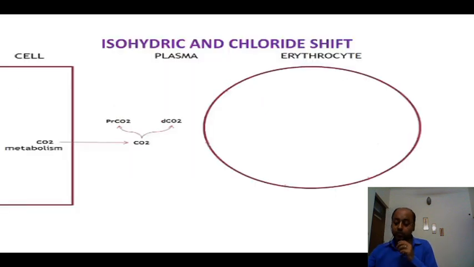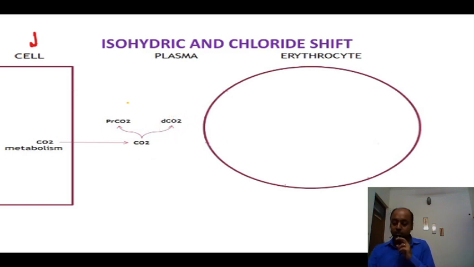So this is the cell where metabolism is occurring, as a result of which CO2 is produced. You can see the CO2 is produced as a result of the metabolism, and this CO2 goes out into the plasma. In the plasma, this CO2 can either get attached to some of the proteins, like albumin, or it gets dissolved due to the partial pressure.